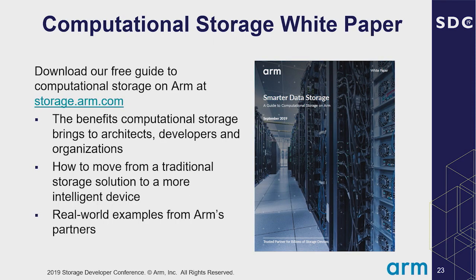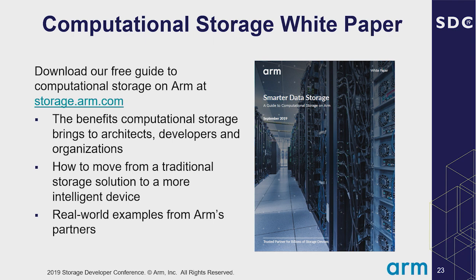All right, so I've gone over a lot of information in a hurry. I know everybody's getting anxious for lunch, myself included. The team at ARM has written a computational storage white paper. It's free.